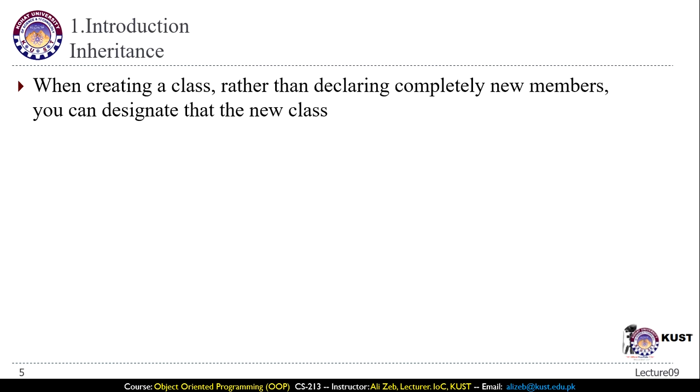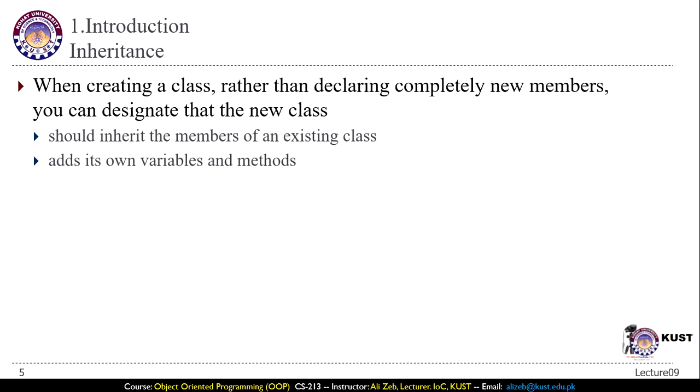When creating a class, rather than declaring completely new members, you can designate that the new class should inherit the members of an existing class. So for example, when we have inherited from a class, instead of recreating or declaring the members again, we can directly inherit those members from the superclass.